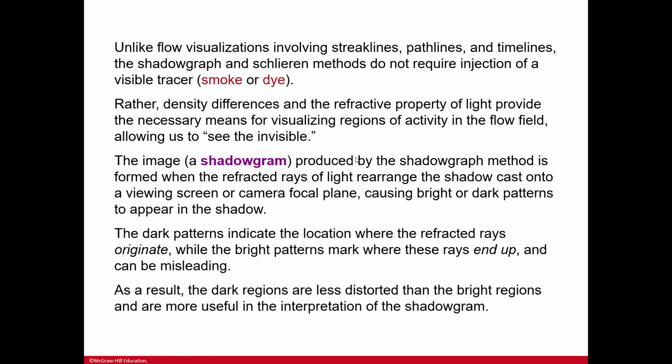So unlike the flow visualizations involving streak lines, path lines, and timelines, the shadow graph and Schlieren methods do not require injection of a visible tracer. And we won't go through all these because we have an example as well. But they show the refractive property of the light. And so then you can see the invisible.